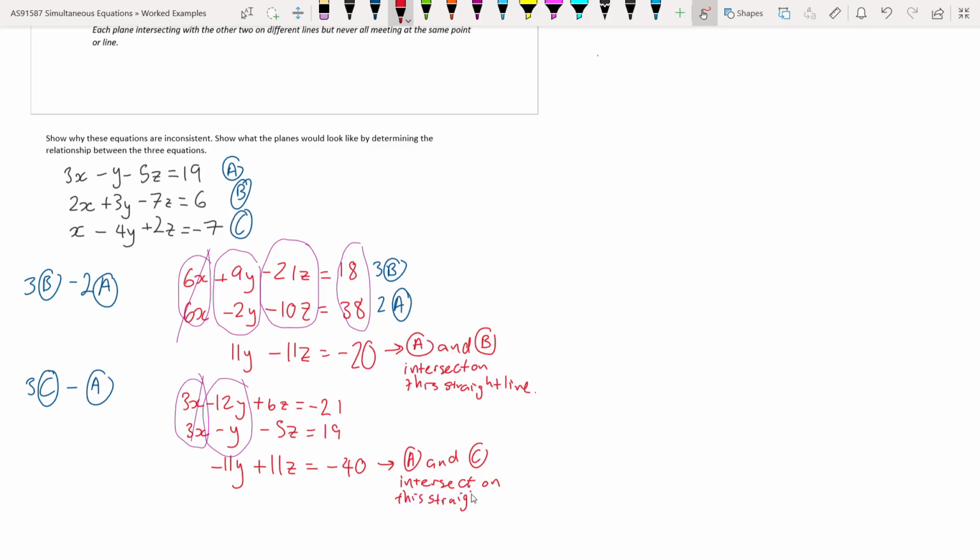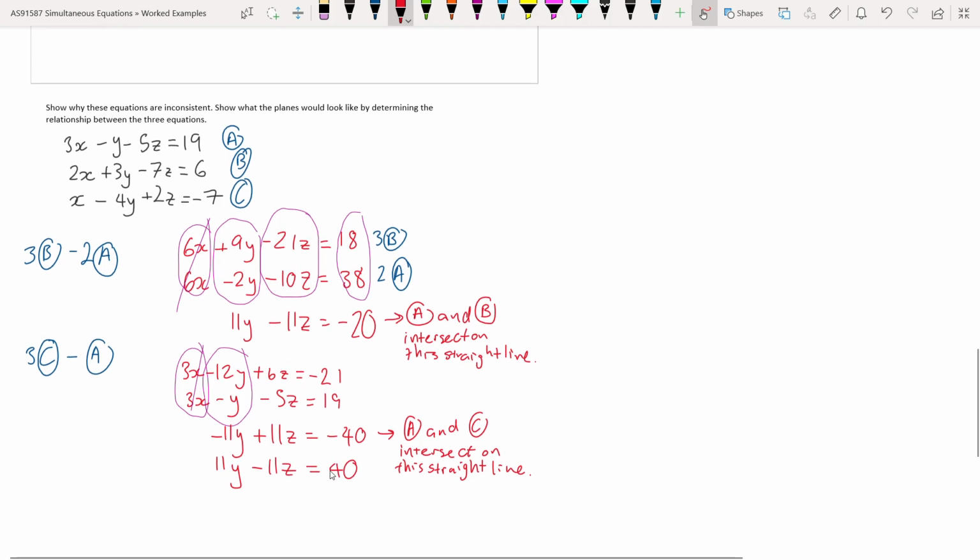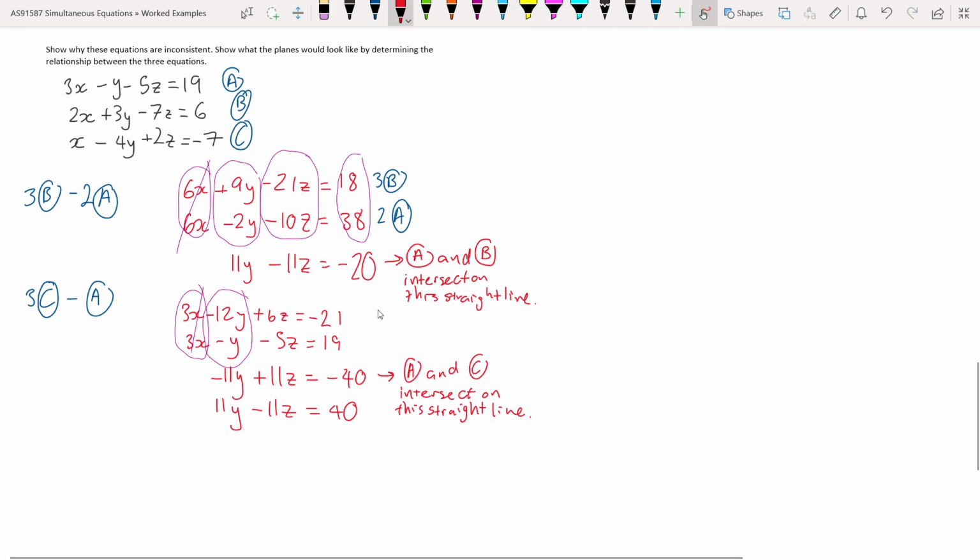At this point, it is worth noting that this equation and this equation actually have the same coefficients of y and z. If I just take this and change this, so I've multiplied everything through by -1, this is positive 11y, negative 11z, positive 40. The only things that are different are the constants.